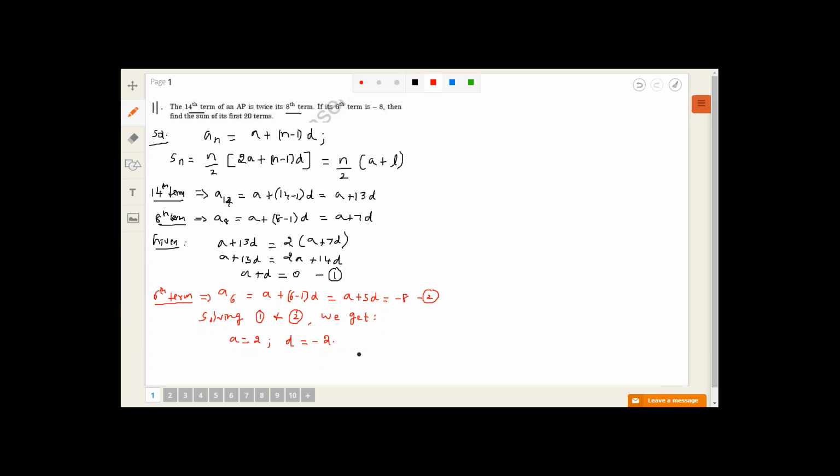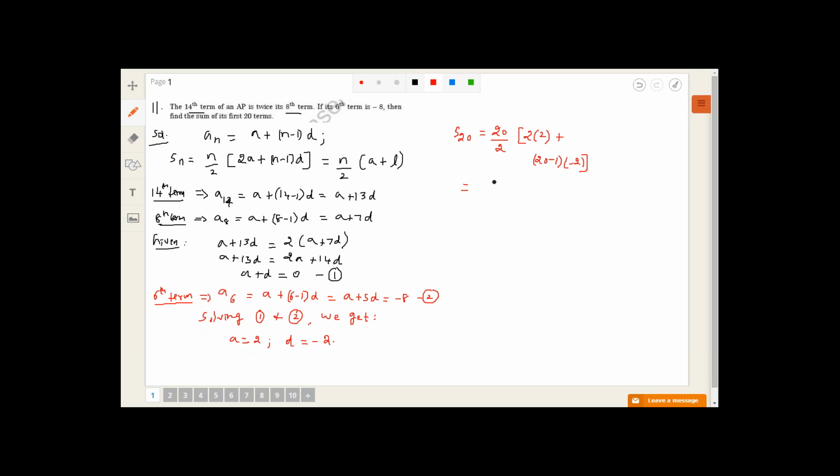Now we are asked to find the sum of first 20 terms. So we need to calculate S20, which is nothing but 20 by 2 into 2 into a, a is 2, plus n is 20 minus 1 into d is minus 2.